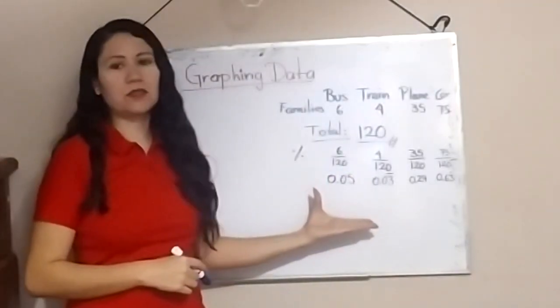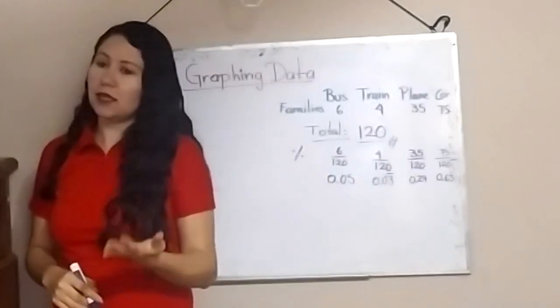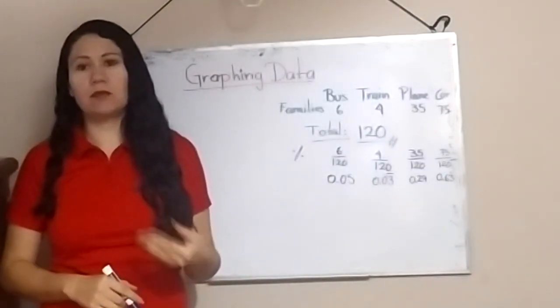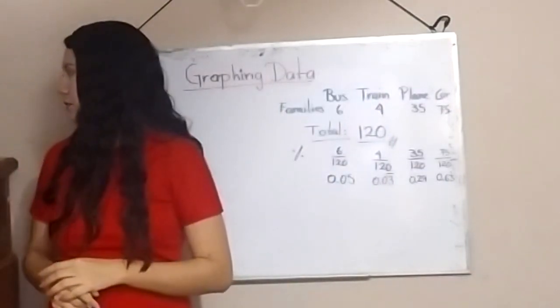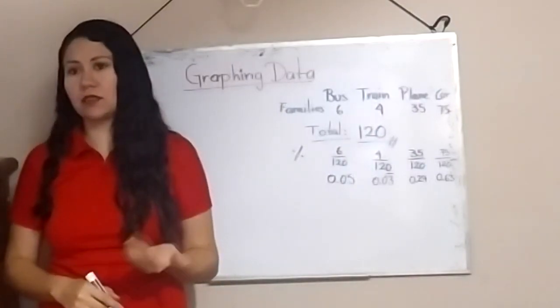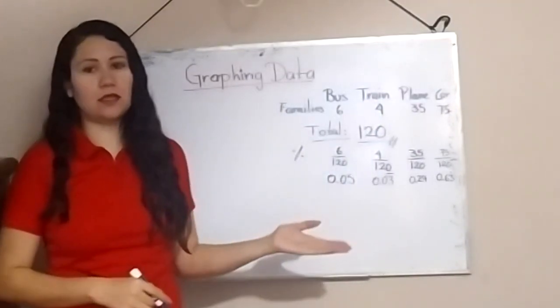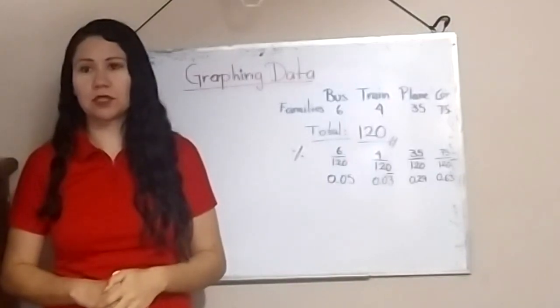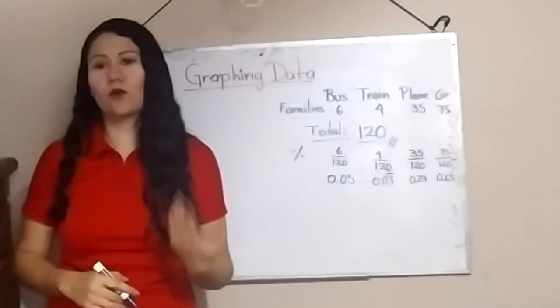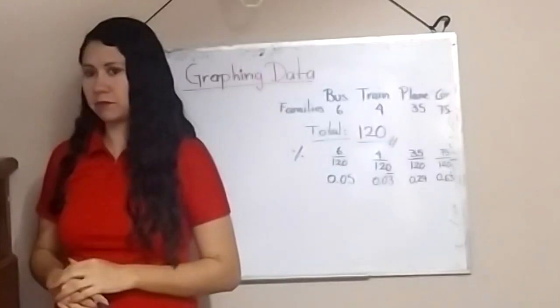And these are our percentages. The next step is to multiply each of them by 360 to find the number of degrees in each sector of our pie chart or circle graph.